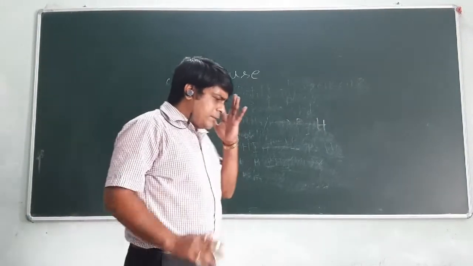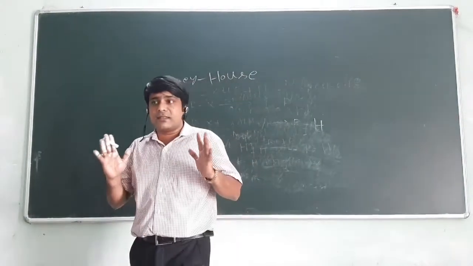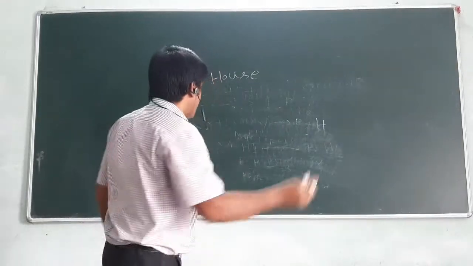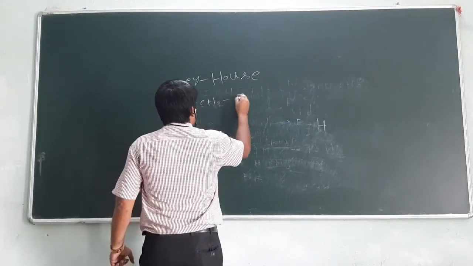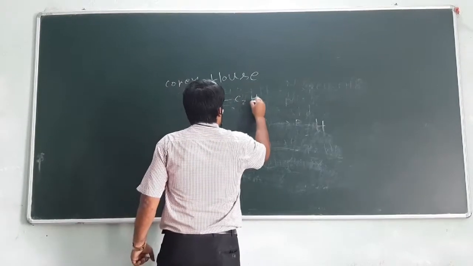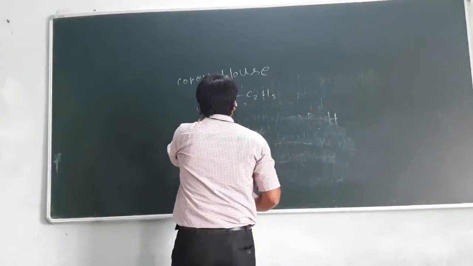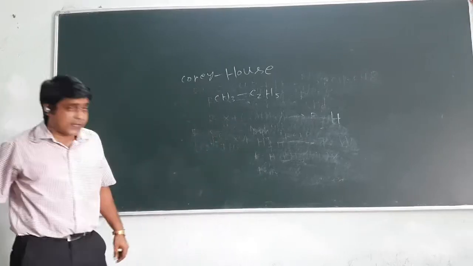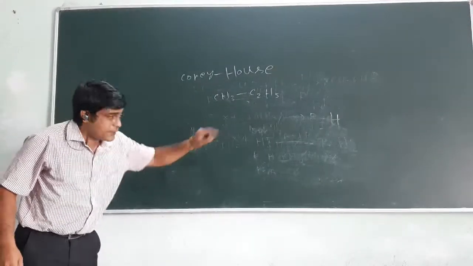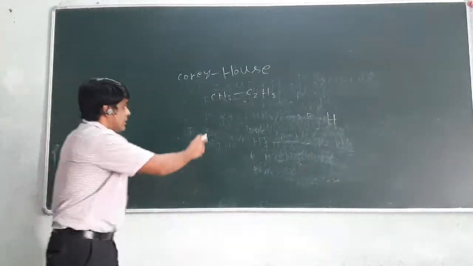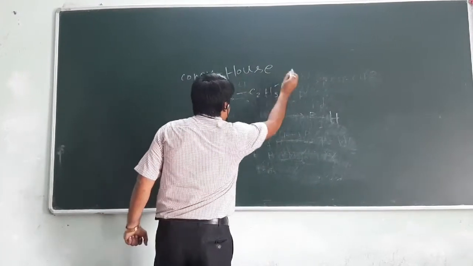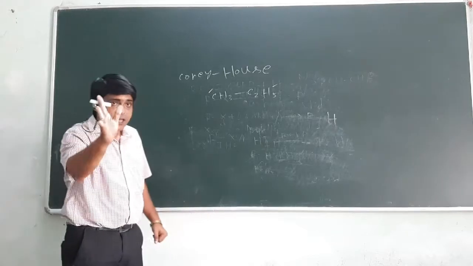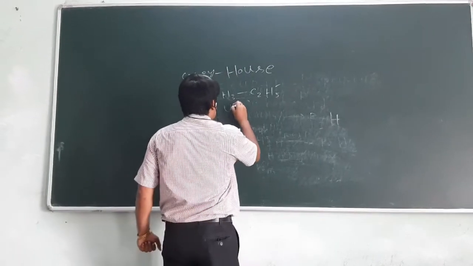See, what is the difference between a symmetrical alkene and an unsymmetrical alkene? Suppose this: is it a symmetrical alkene or an unsymmetrical alkene? It is an unsymmetrical alkene because on either side of the middle bond there is a different alkyl group. This is one example of an unsymmetrical alkene.